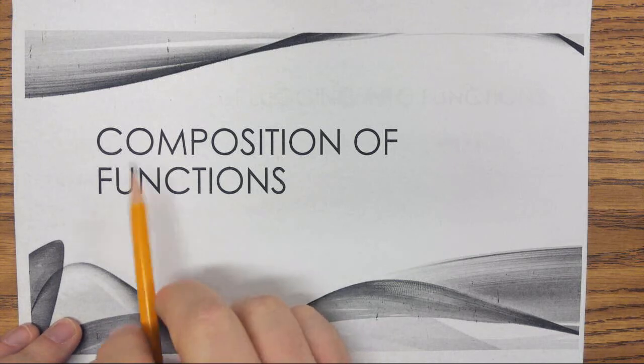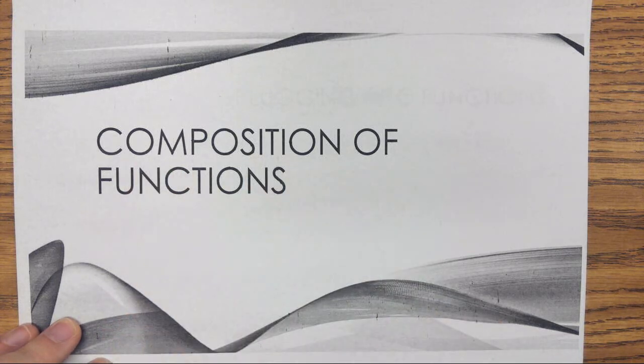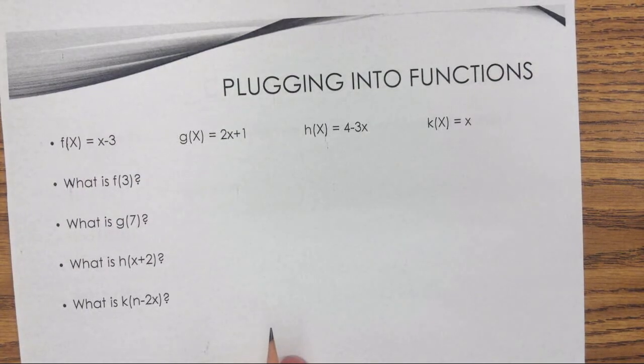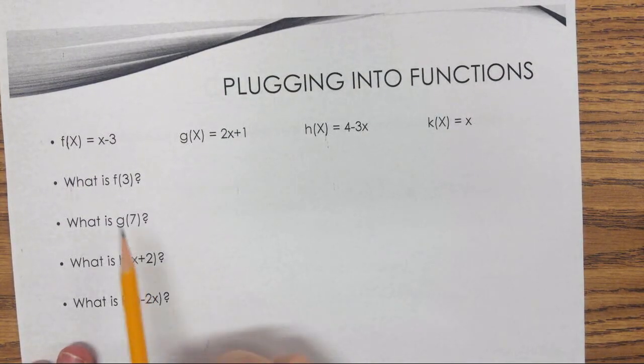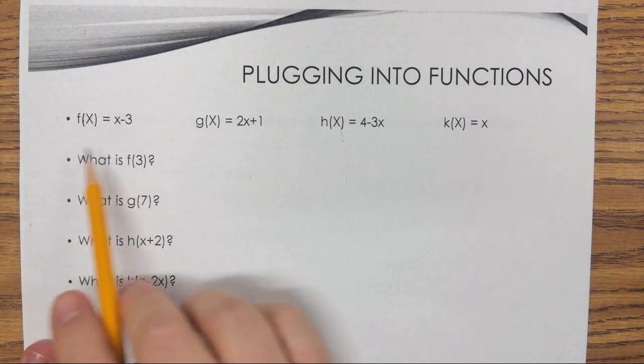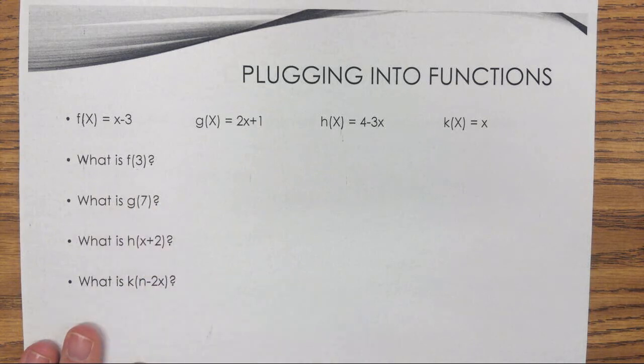So this last video is about composition of functions. To start out with this, I wanted to talk about plugging these values into the functions in order to solve for this f of x for particular x values.